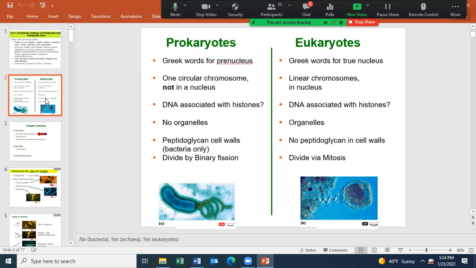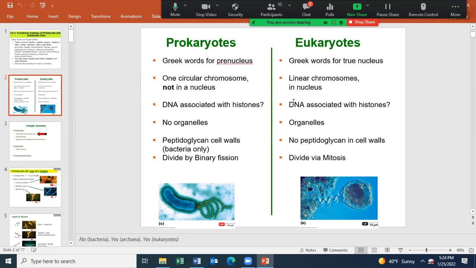There are differences in the DNA between prokaryotes and eukaryotes. Prokaryotes generally have one circular chromosome, and it's not in the nucleus, meaning the chromosome is simply in the cytoplasm. By circular, we mean that the ending point of the DNA is the same as the starting point. So the DNA is in a circle.